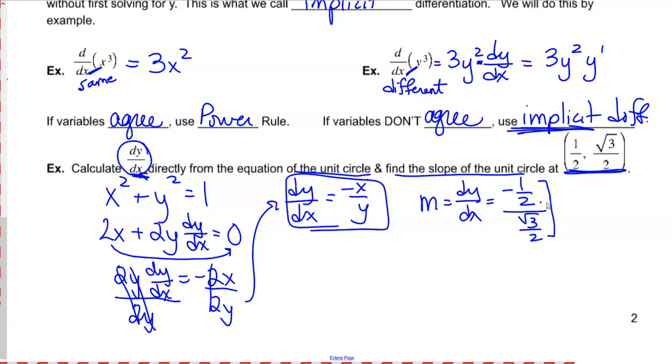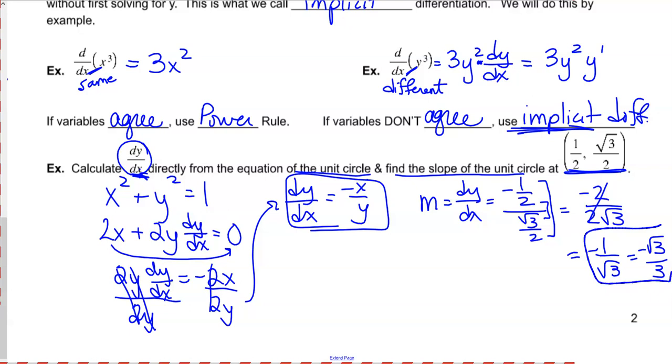Or if you are one that likes to do the extremes over means, then you can do that as well. So a negative 1 times 2 is a negative 2 over 2 times root 3. I'm just going to rewrite it like that. And notice we can simplify one more time by canceling out our 2's, be left with a negative 1 over root 3, which, if you rationalize, or if it's requested of you to rationalize, would be negative root 3 over 3. So either one of these answers would be fine with me.